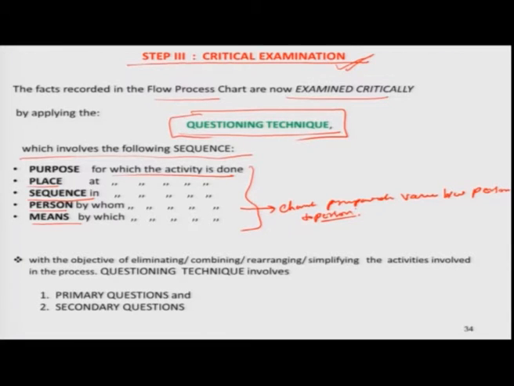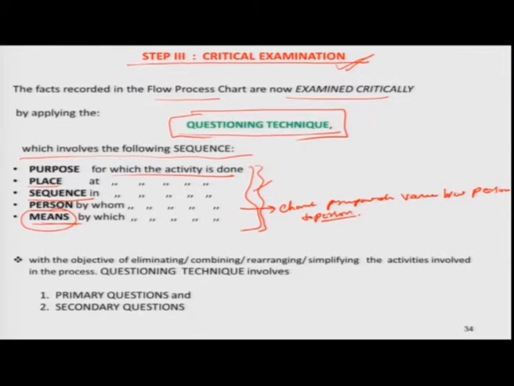A skilled and experienced person may be more suitable for making a chart, and he will make it more efficiently. Means by which, and what means you are using to make this chart. These are the several questions you should have in your mind while you are examining your chart.